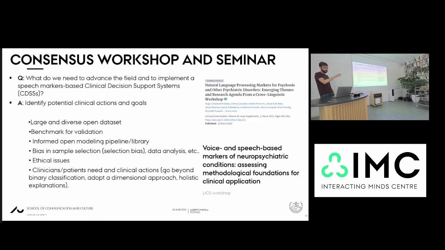These reflections and this problem were discussed on two occasions: a consensus workshop held in Leiden last November, which also ended up in a consensus paper, and a seminar here at Interactive Mind last December.